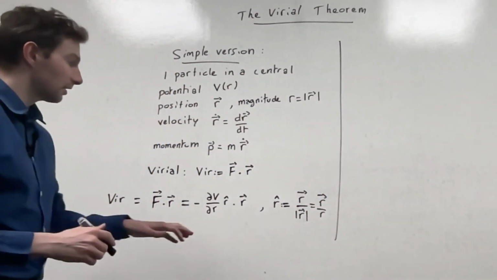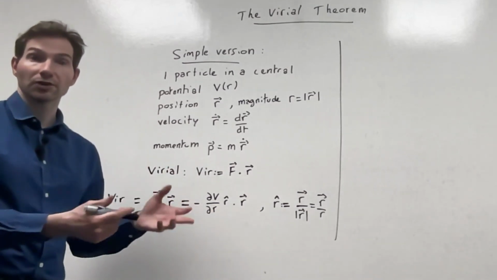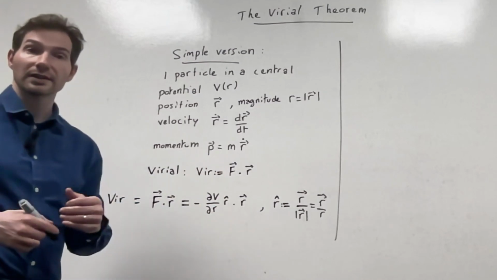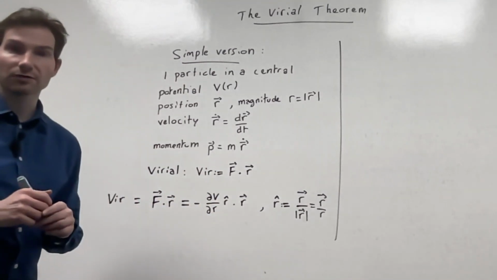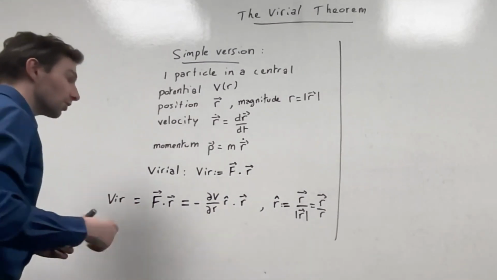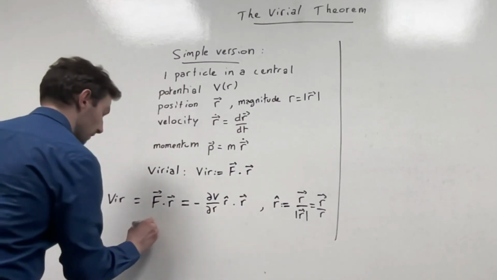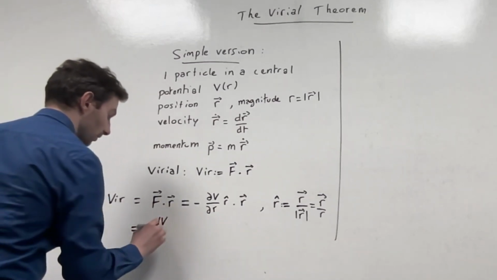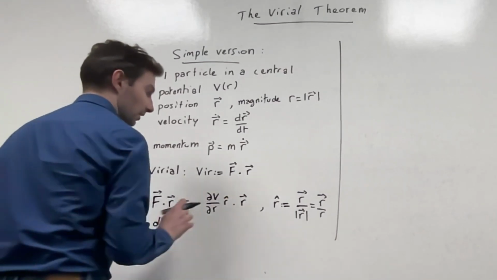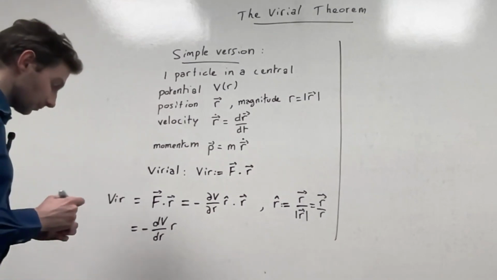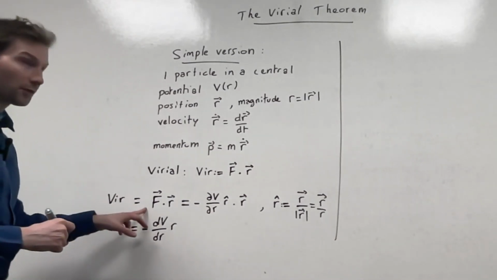Again, that's simply a property of central forces, sometimes called spherically symmetric. Using that property, I'm simply going to get minus, since V only depends on r, dV over dr times r. So that's a simple quantity, this virial.